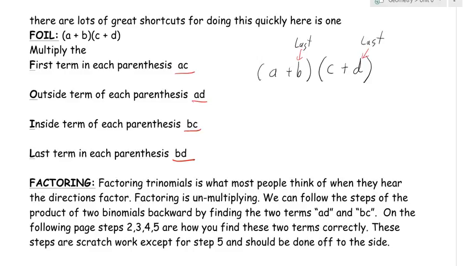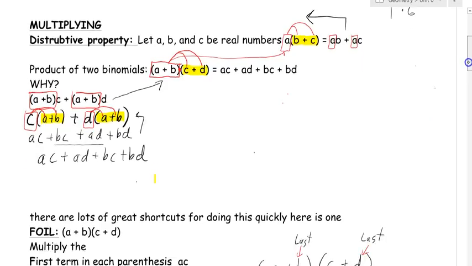First, outside, inside, last. One of the more popular ways to remember the multiplication of 2 binomials, called the FOIL method. Notice that this is exactly what we just did. It's just a trick, a shortcut for remembering how to do it with no work.